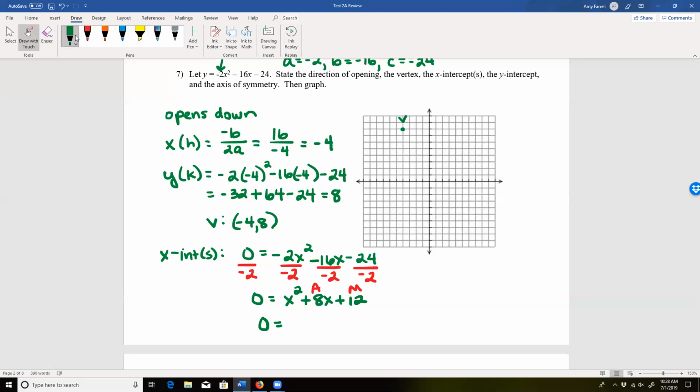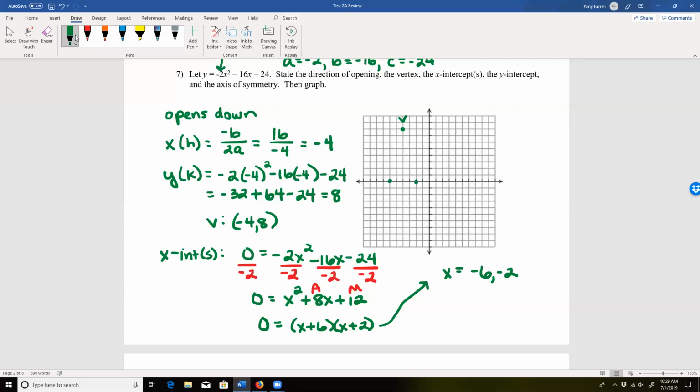That would be 6 and 2. So my factors are x plus 6 and x plus 2. When I set those factors to 0, I get -6 and -2. So my x-intercepts are -6 and -2.